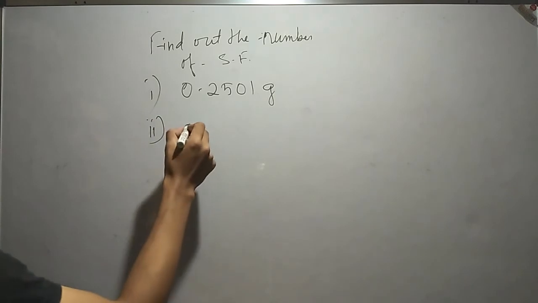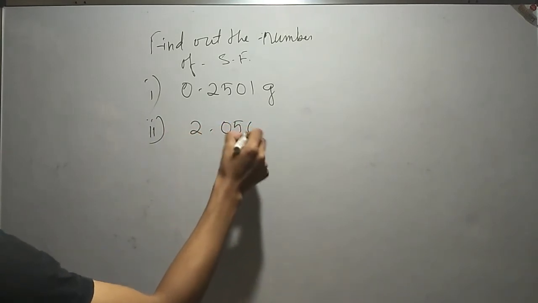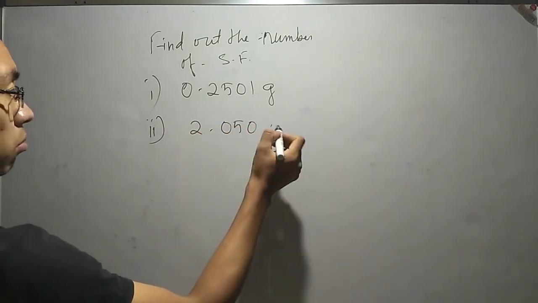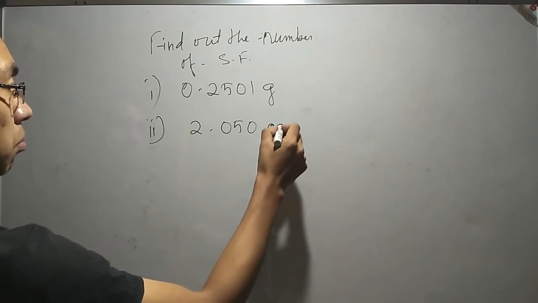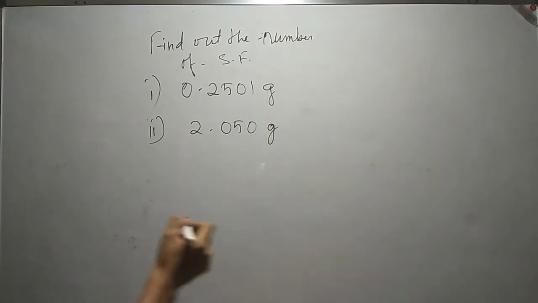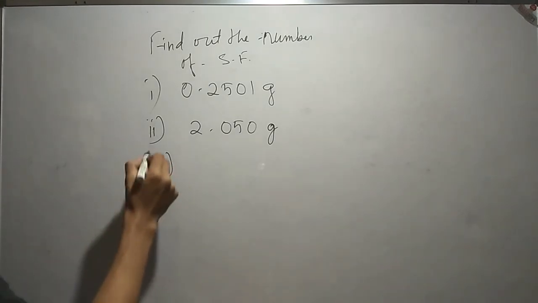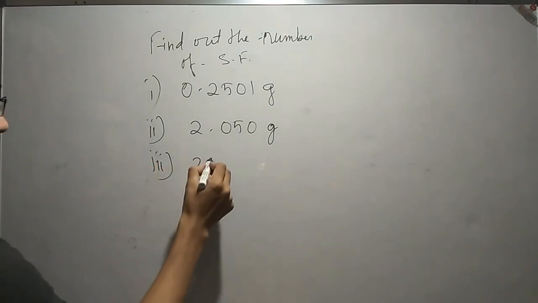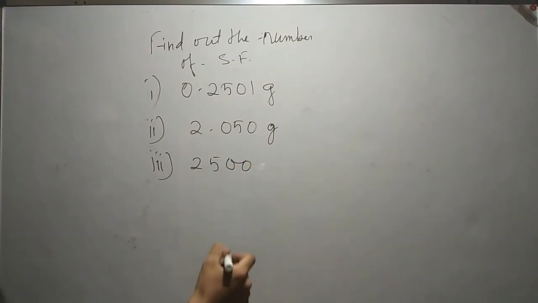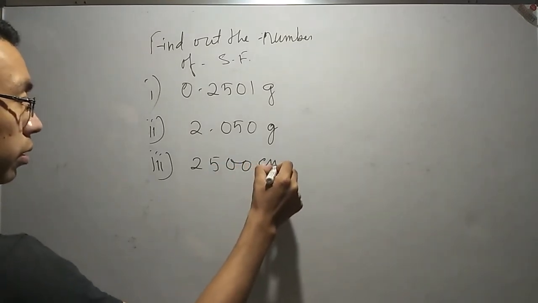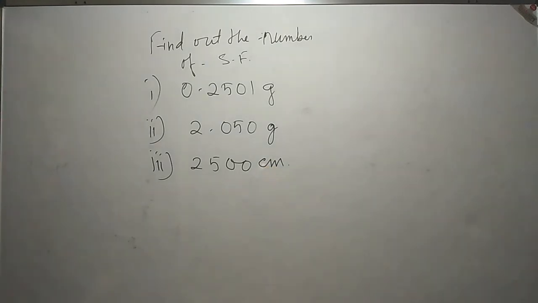Number 2, say 2.050 gram. Then number 3, 200,500 centimeter. You find out the significant figures for the following problems.